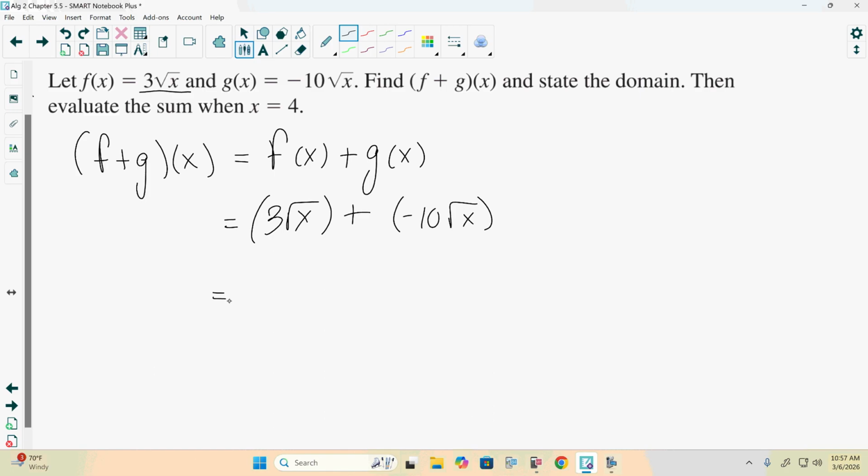Now we just need to simplify and combine like terms. 3 square roots of x, there is no number in front of it, so it's just 3 square roots of x plus negative 10 square roots of x.